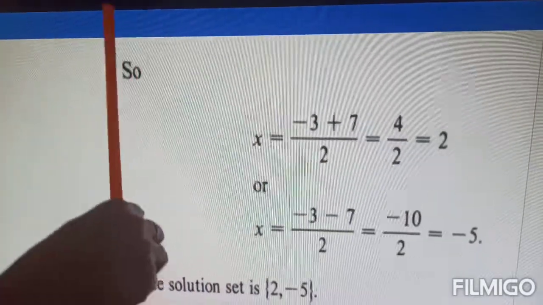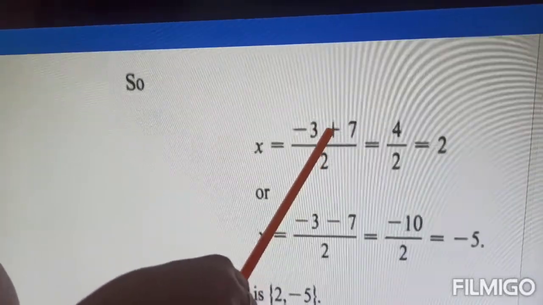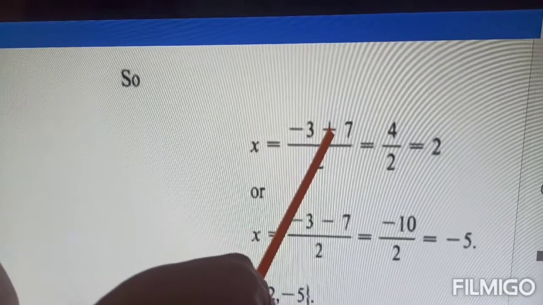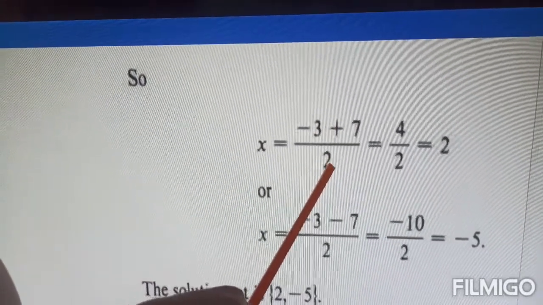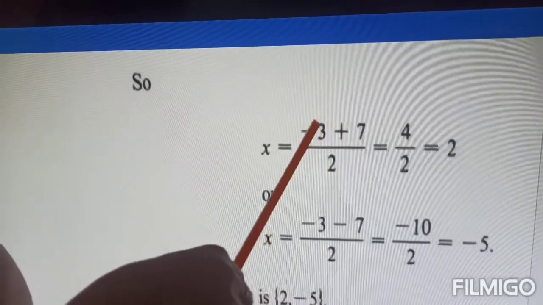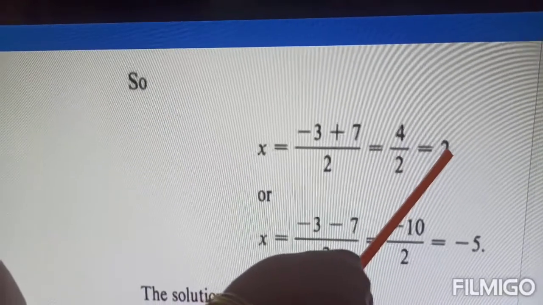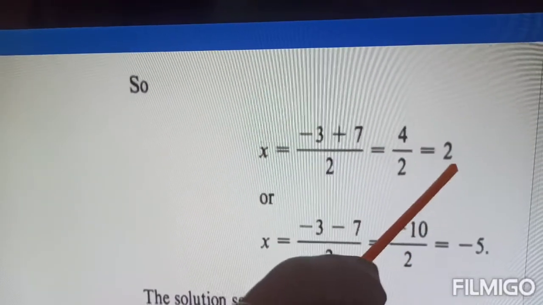So x is equal to, once we take plus in the middle, once minus. First, plus: minus 3 plus 7 divided by 2. That gives 4, and 4 by 2 is 2. We got one root as 2.